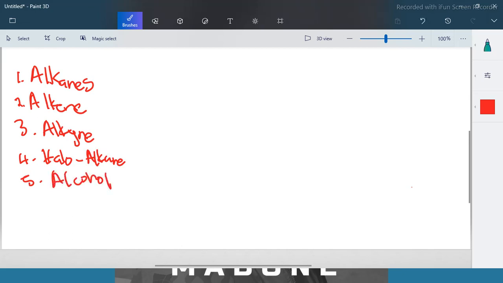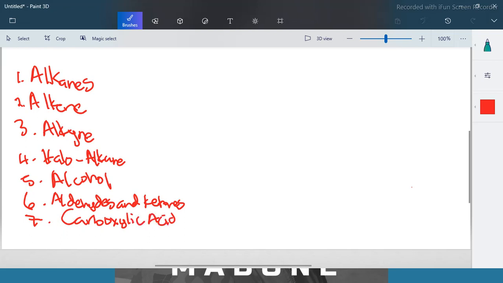Then we have the aldehydes and ketones. We have the carboxylic acids, and we have the esters. I hope you're on the same page and everyone knows what these are.